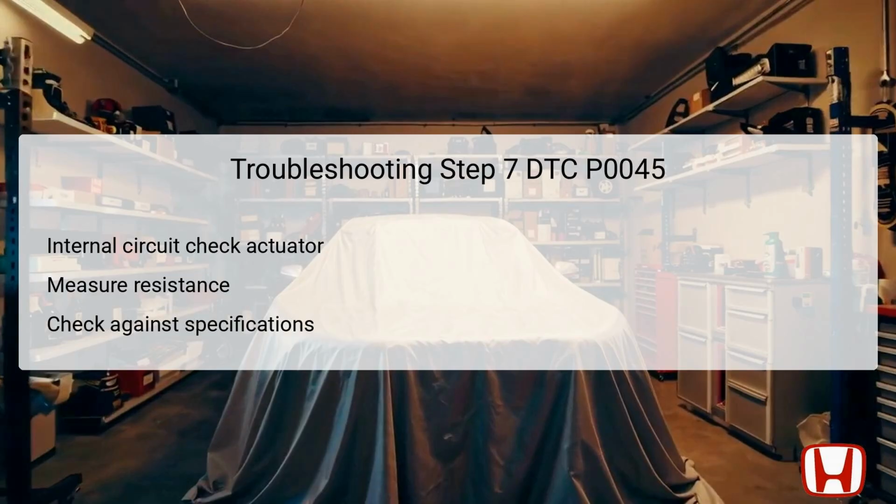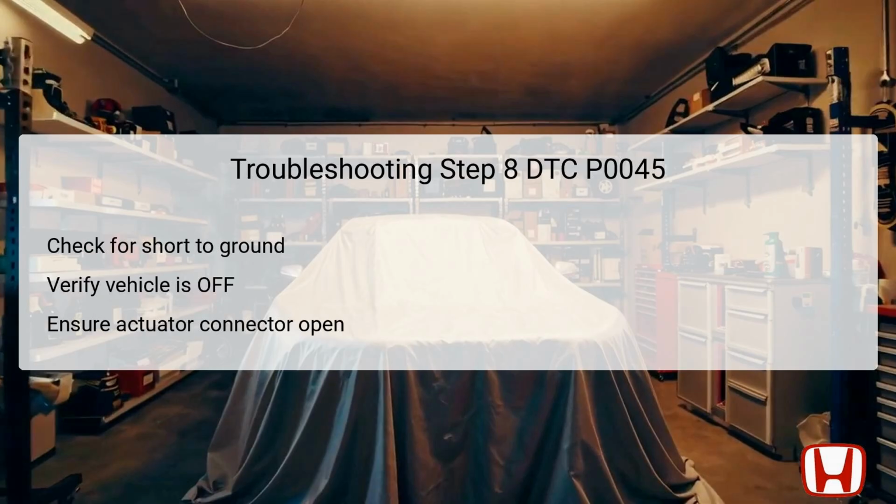Focusing on the actuator side, you should be looking for a resistance reading between approximately 1.2 ohms and 1.0 kiloohms. If the resistance falls outside these specifications, it indicates a fault within the actuator itself, necessitating its replacement. This step is vital for diagnosing internal malfunctions that would inhibit proper control of the turbocharger wastegate.